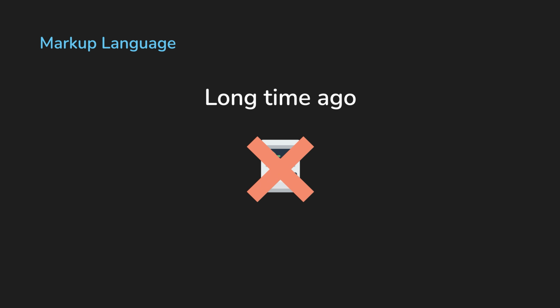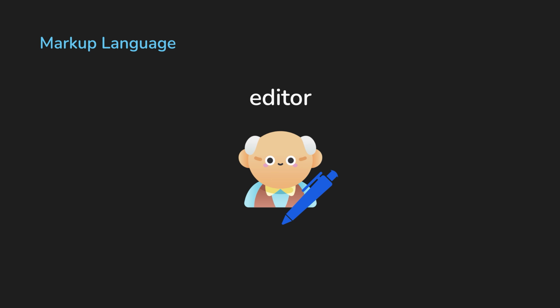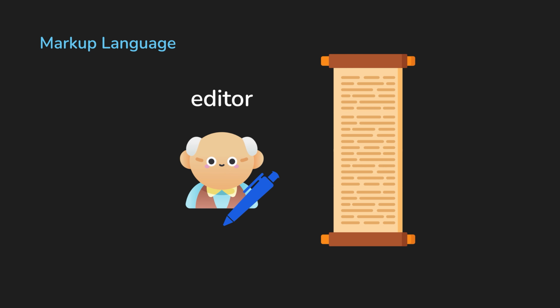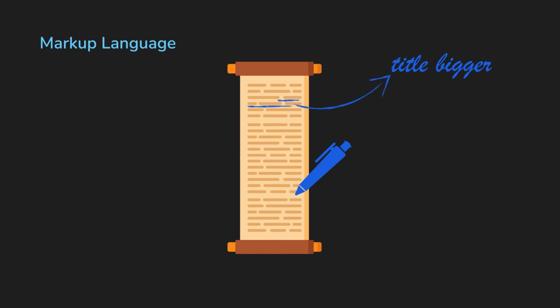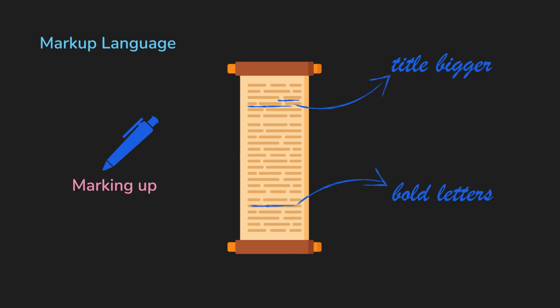In old times, when we were publishing documents without computers, the editors would be people holding a blue pen writing instructions on how to present raw text. For example, they would write down things like, make this title bigger, or put this in bold letters. That process was called marking up, and it was a common publishing practice.